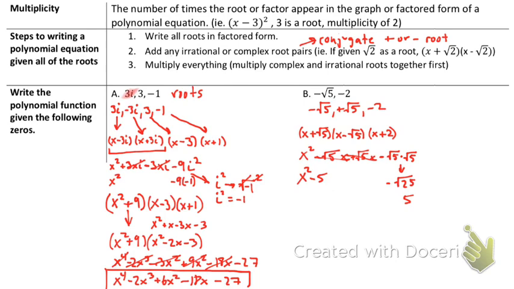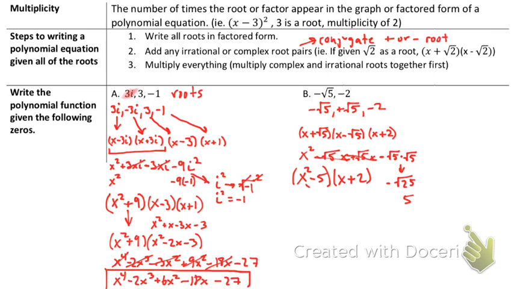These two factors multiplied together turned into x squared minus 5. I'm going to bring down the x plus 2. And now we're going to multiply these two together and we'd be done.